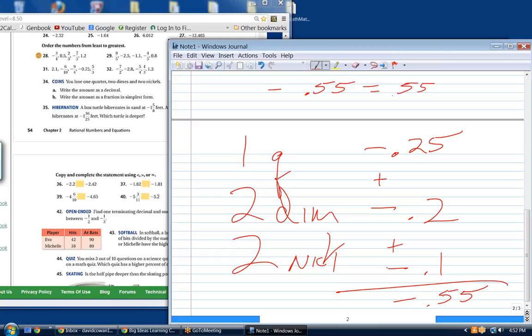Actually, we do 55 over 100. That's the same thing. Right, and then we can simplify that. What's that simplify to? By 5, you divide both by 5, and you get 11 over 20. Correct. And then it's negative. So that's how we convert decimals to fractions. It's pretty much put the 100 under there, or the tenths if it's in tenths, and then just simplify.